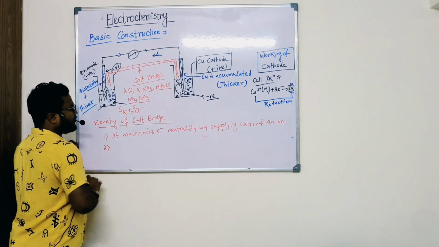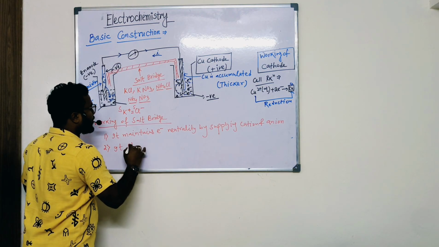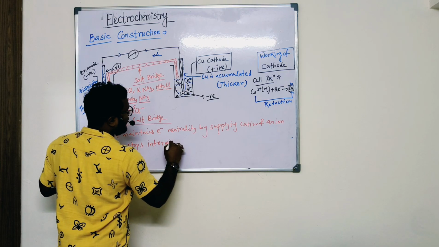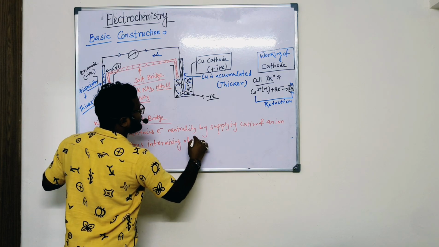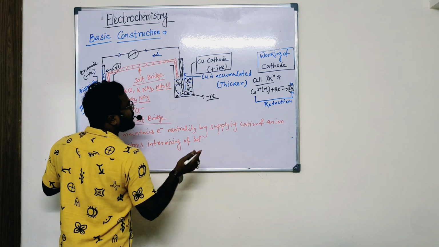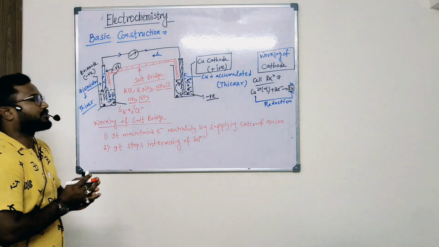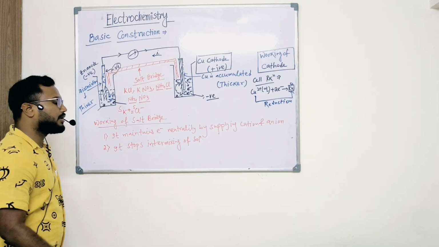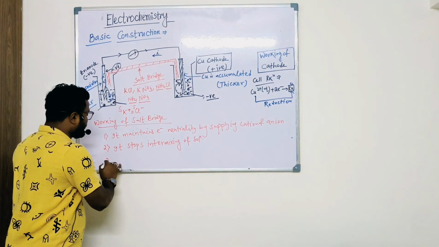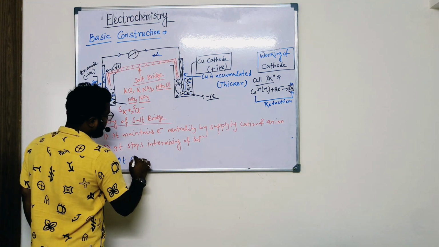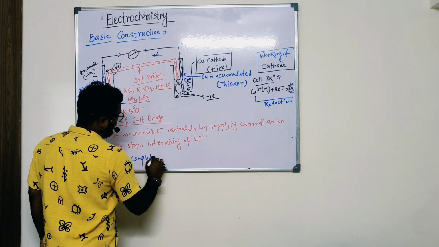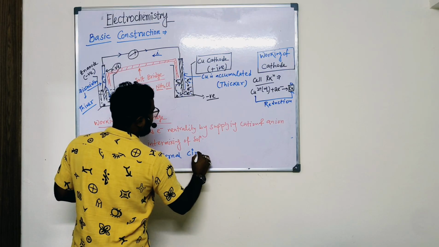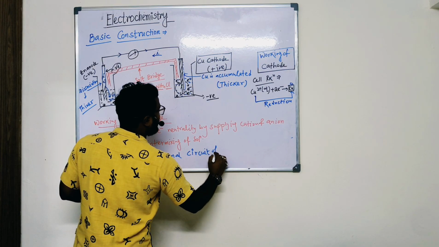Second thing, it stops intermixing of solutions, so that both solutions do not intermix with each other, and then in that case we couldn't find out anything about what is happening in the cell. And one of the most important works of this, it completes the internal circuit of the cell.